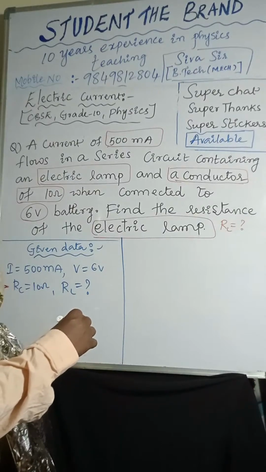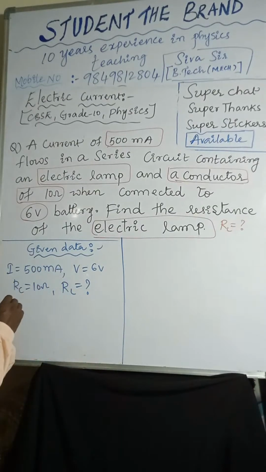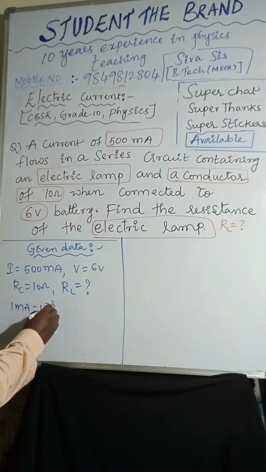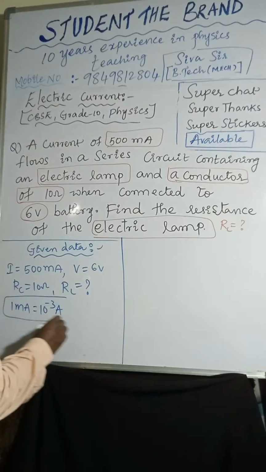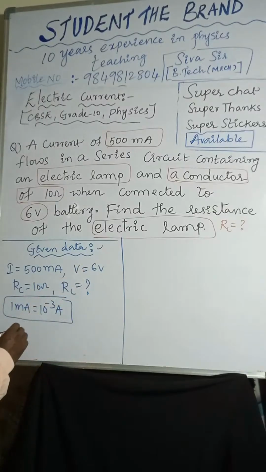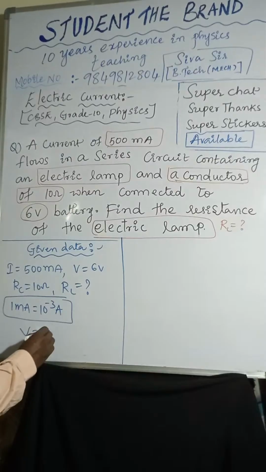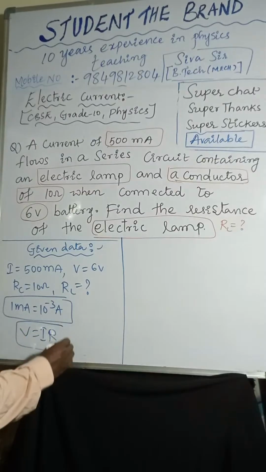Okay. Now we know 1 milliampere equal to 10 power minus 3 ampere. Okay. So now the formula is V equal to IR. V equal to IR formula we can use.